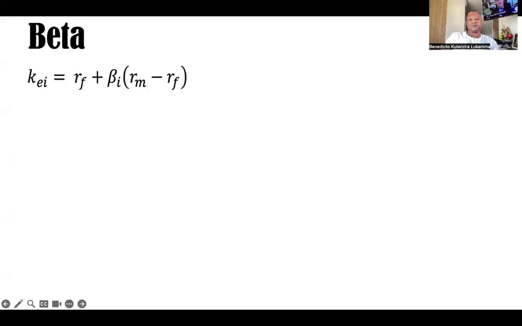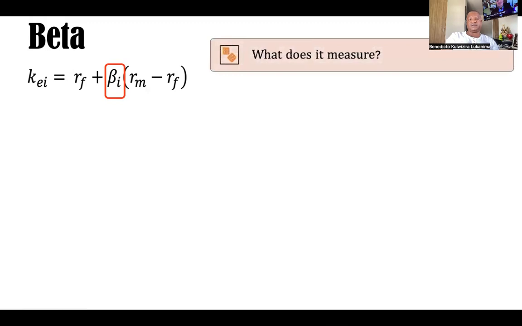We'll need the market index data as well as the stock price data based on exactly the same sample, the same frequency, and the same estimation date. So let's first talk about the concept and the process of determining beta.